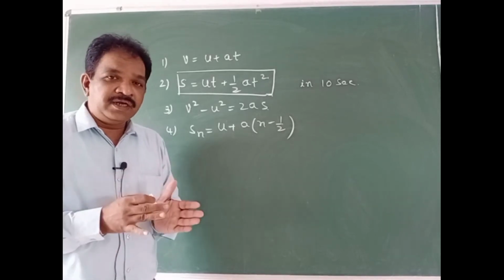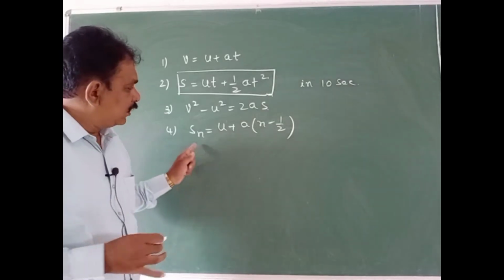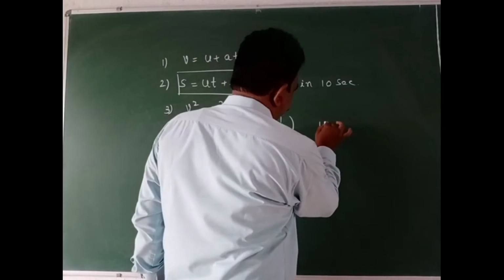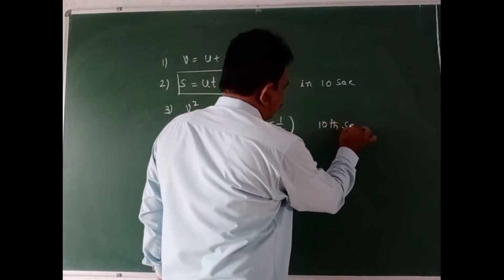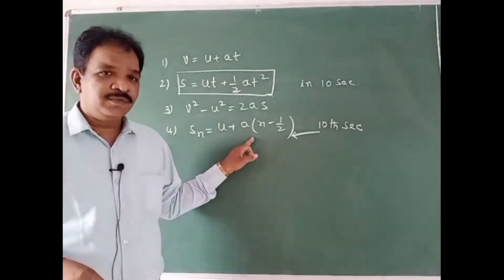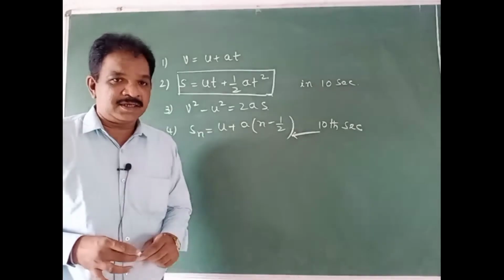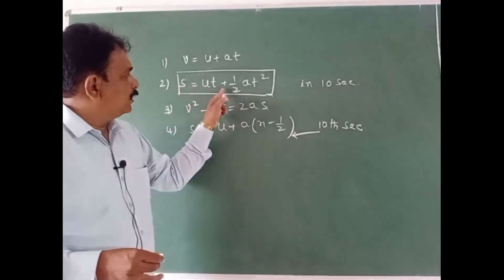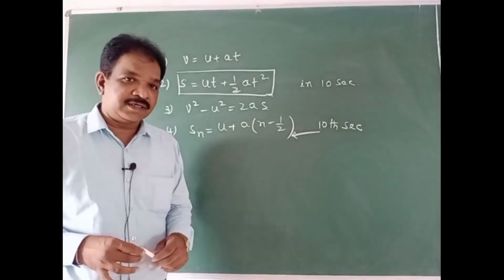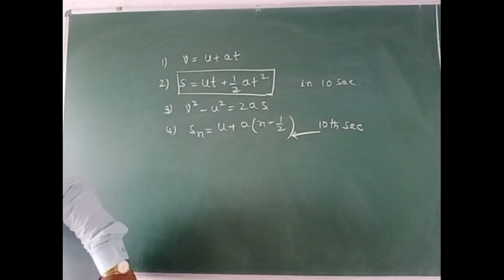If it says find the displacement in a particular second, the displacement in the 10th second, then you have to use the other formula. So Sn is the displacement in the nth second, and S is the displacement in t seconds. Now let us see how this came.